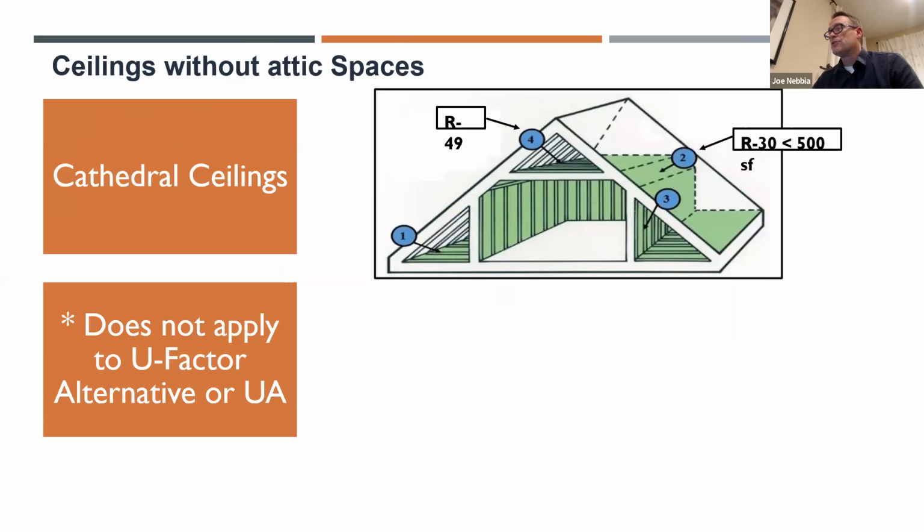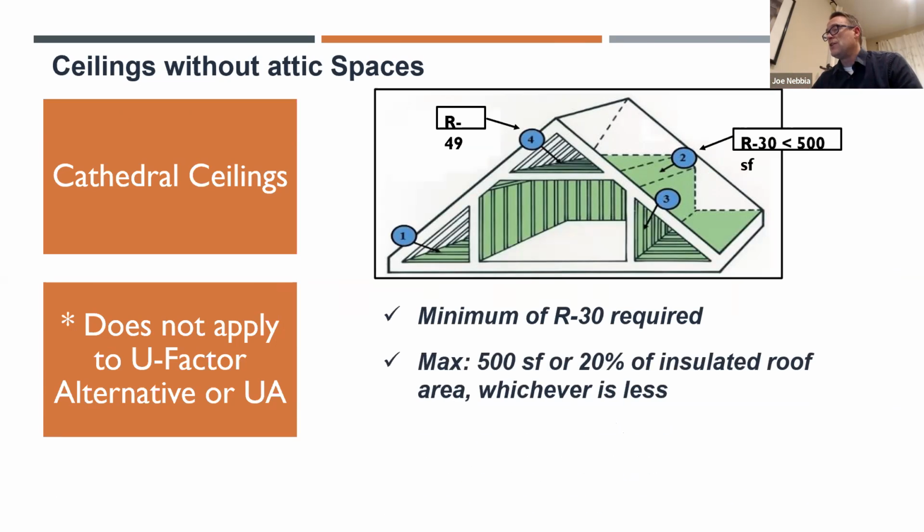Likewise, if you're doing a cathedral ceiling or something like that, the code does allow a small amount of space to be only R30, still doing prescriptive and not a trade-off. It's 500 square feet or 20% of insulated roof area, whichever is less. So this might be a good option for an addition in an existing home, where maybe the slope of your roof on the addition isn't going to give you room for the R49.